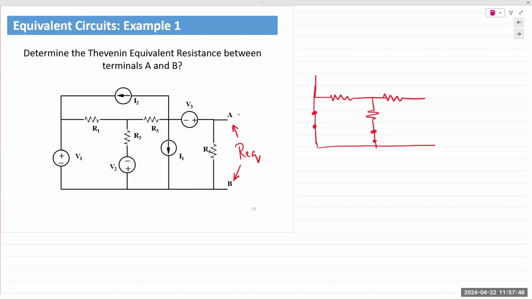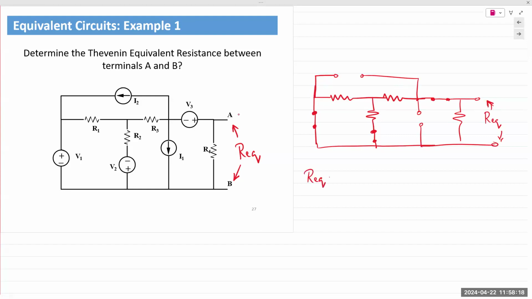You don't even have to draw the wire for a current source, right? Current source is now gone. So this wire basically has no purpose. And there's another short here, another short here. And then we find Req between A and B.